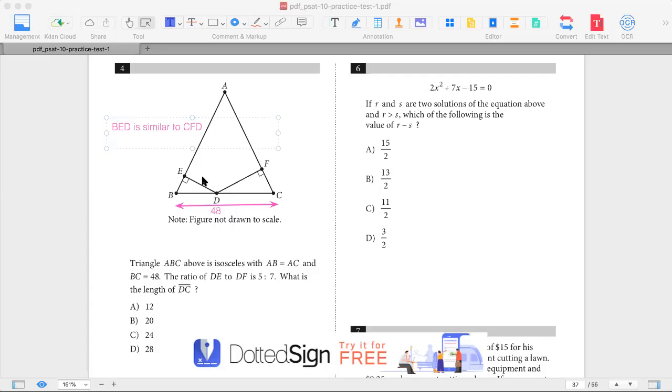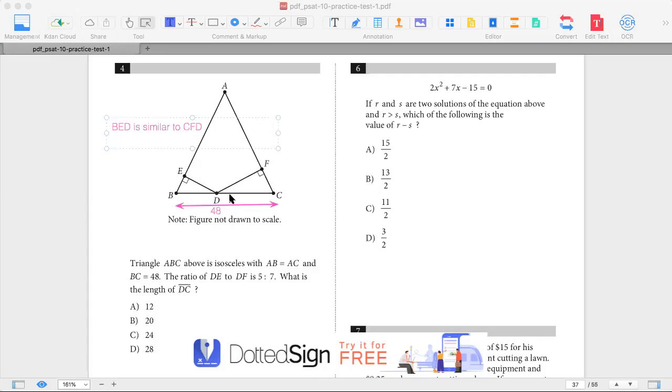Angle E and angle F, we said they are right angles. When I have two similar triangles, their sides are proportional.